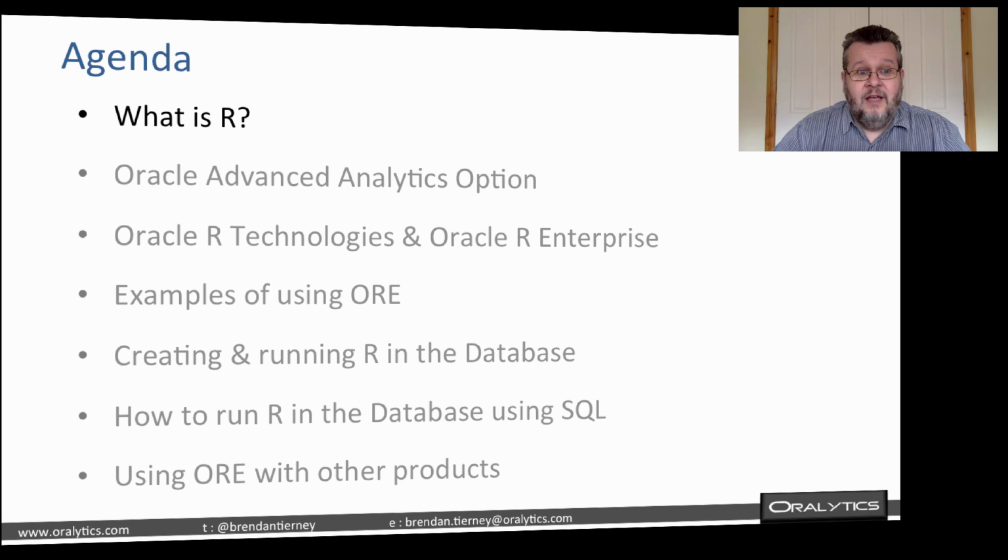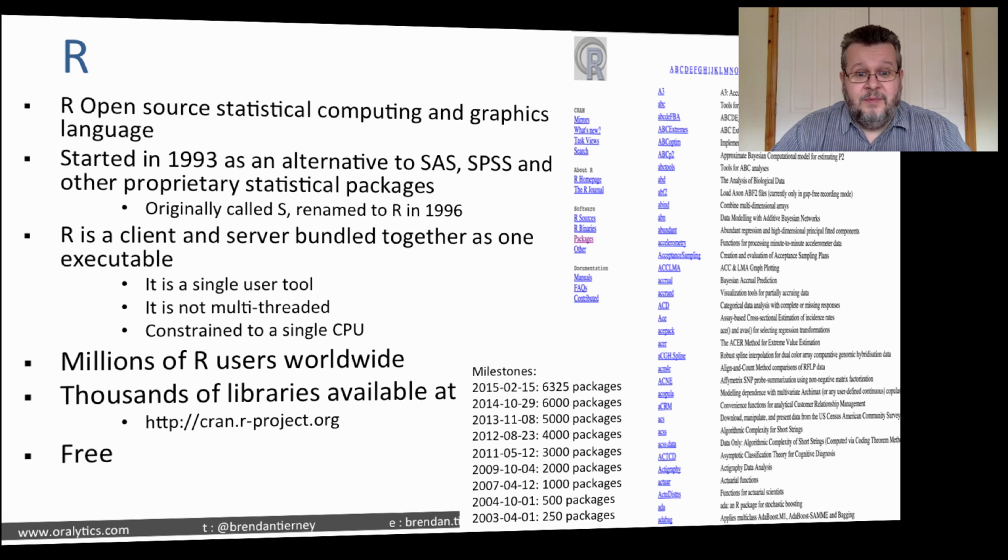So let's start with having a look at R. The R language has been around for 22 years. It originally started off being called the S statistical language, and it was built as an alternative to products like SPSS, SAS and other really expensive products around at the time.